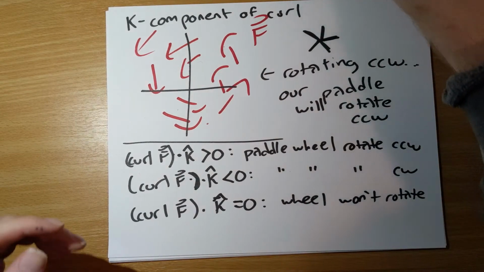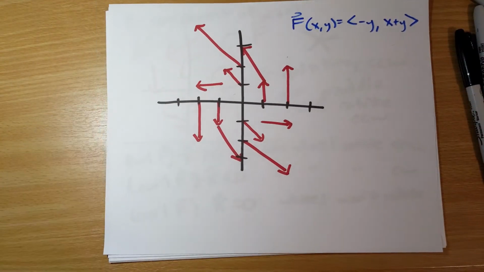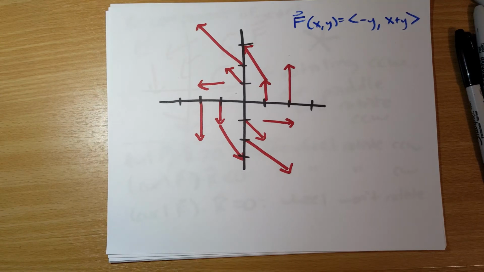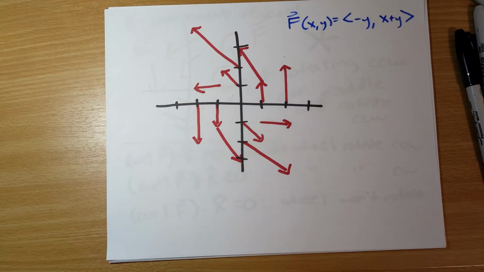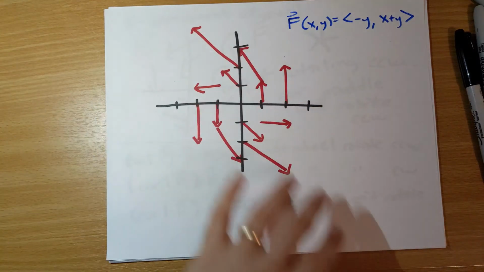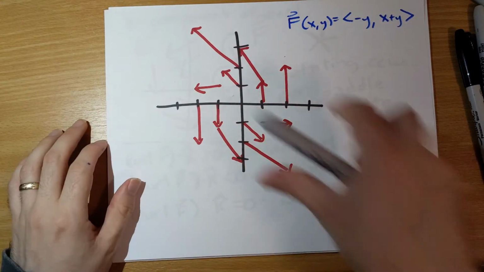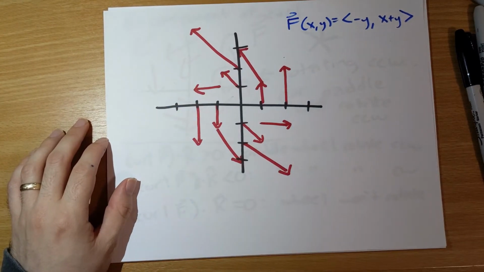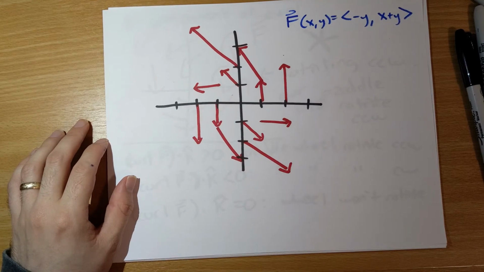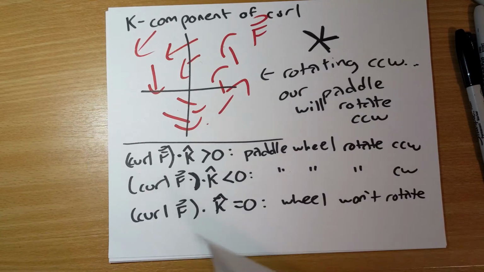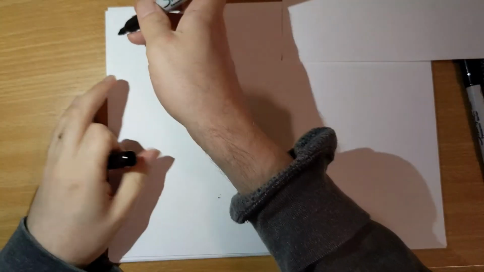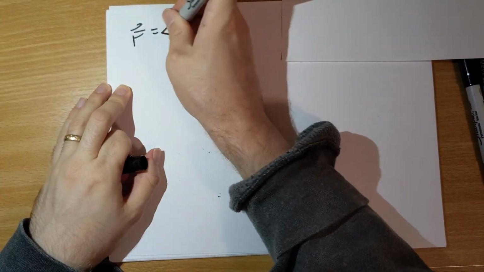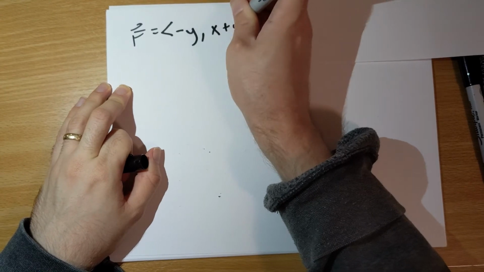Let's work out some examples here. Remember this picture that I drew back in section 16.2. F of x, y is negative y, comma x plus y. It looks something like this, we have counterclockwise rotation. Can we see that from our k component of the curl calculations? Well, let's check.